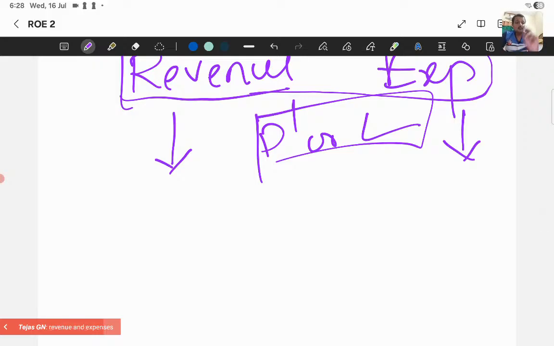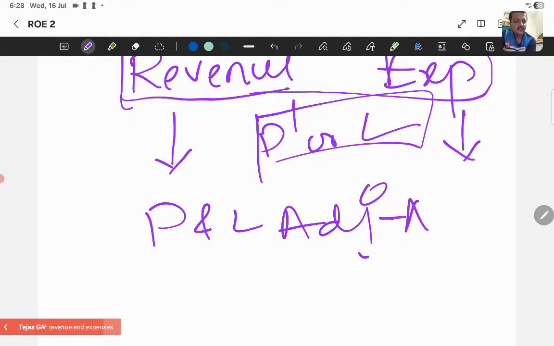That's why before I close the accounts of the year, all these revenues and expenses will be transferred to an account called profit and loss adjustment account.